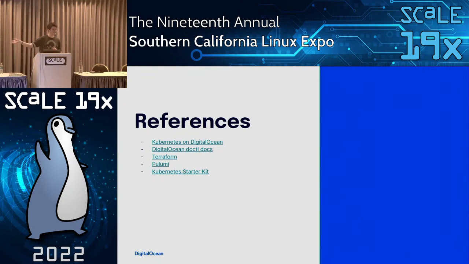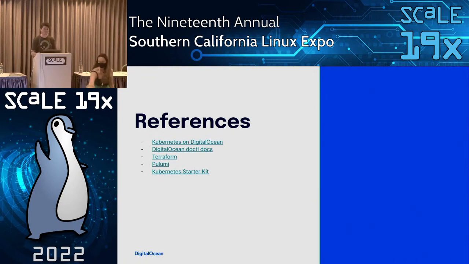Crossplane provides something very similar where you can boot up resources as Kubernetes resources, and it will spin them up in the various clouds as you need. Too many technical issues came up while I was prepping for this talk last minute, so I went with Pulumi instead, but there are other ways as well. As far as I remember, Cluster API was a subproject of the Kubernetes project, so I would start there.